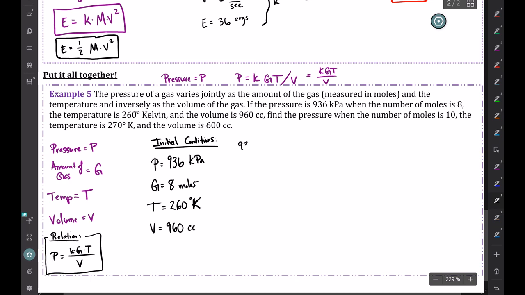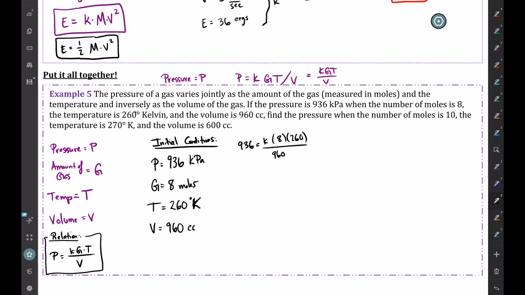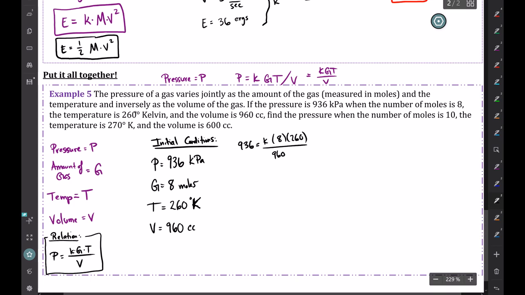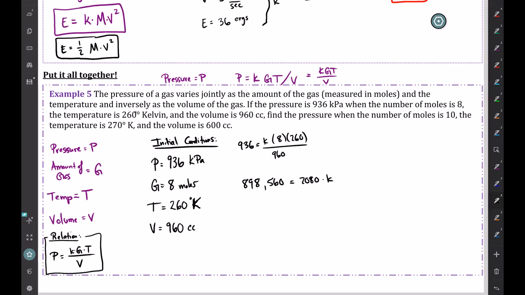So we have 936 equals K, the constant of variation, times 8 times 260 all over 960. And so let's see, if I multiply 936 times 960, I'll get 898,560 is equal to 2080 times K. So the 2080 is 8 times 260.